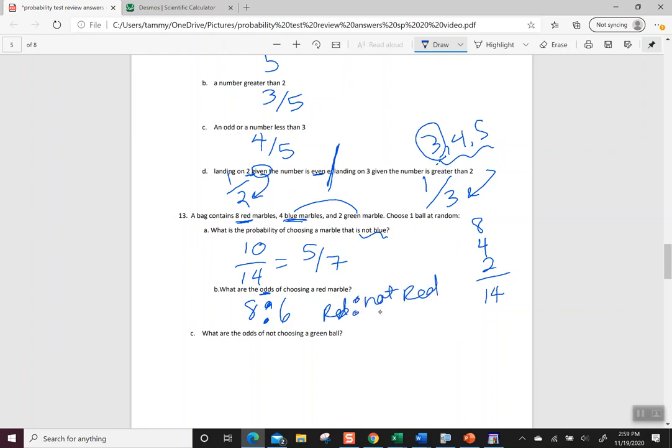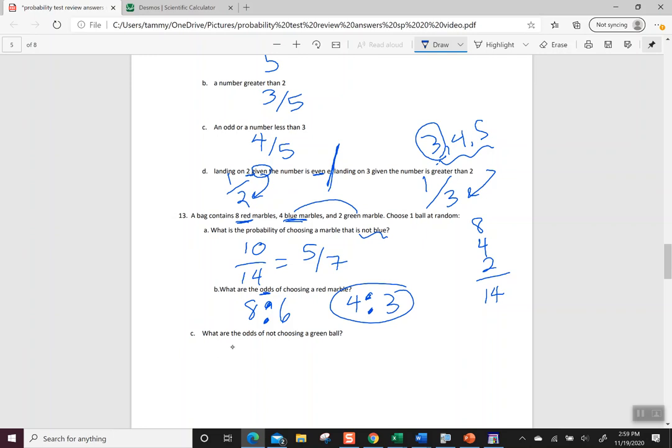Really pay attention to that, you have to do for and against. With odds, the bottom, the second one, is not the 14 like we had before. Now that we have that, let me just get that out of the way, we want to reduce it. So just like we've been reducing other things, we need to reduce this. So 8 is even, 6 is even, let's divide by 2. I end up with 4 to 3.